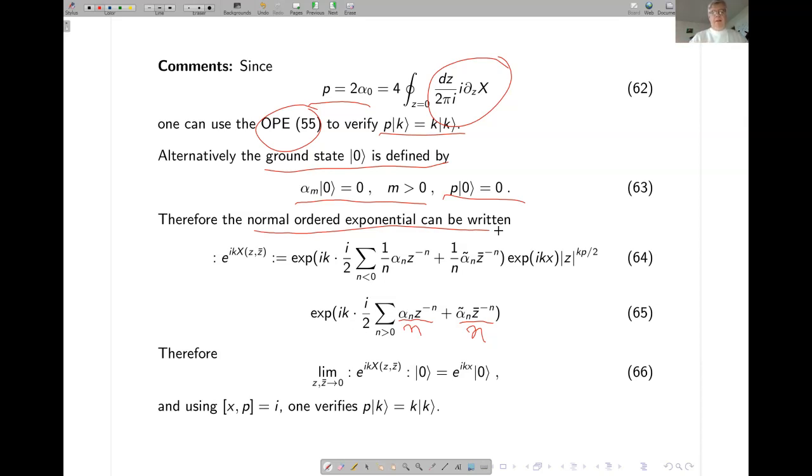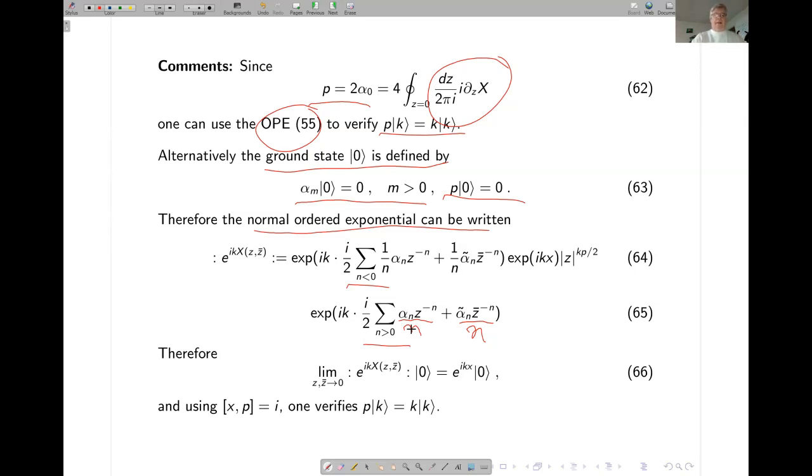That means that all the alphas with positive n must be to the right of all alphas with negative n. By the way, here's a typo where I was missing 1 over n, which I detected and filled in. So please correct this on your slides.